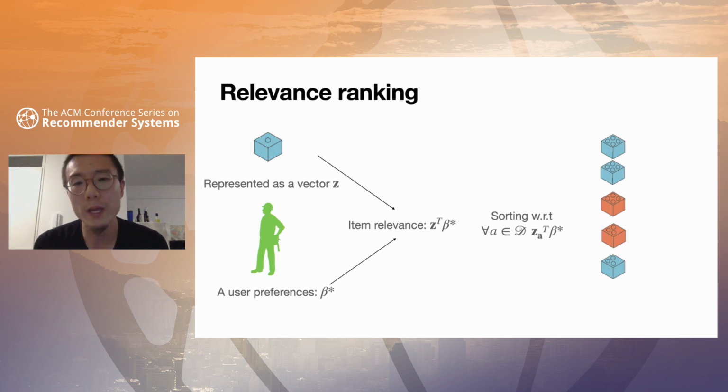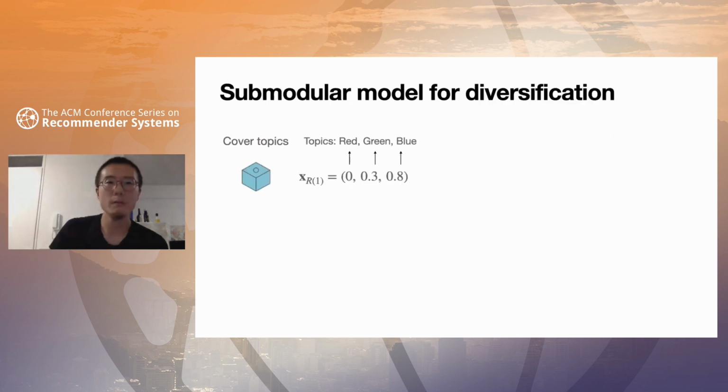Well, one problem here is that if we only focus on relevance ranking, maybe the result list is not diverse enough. For example, in this case, we are missing the yellow cube. Here we think about result diversification, and we use a submodular model to do this. Think of each item as covering a set of topics.